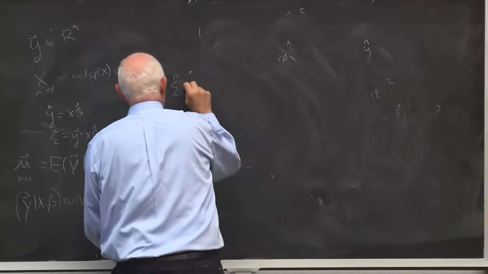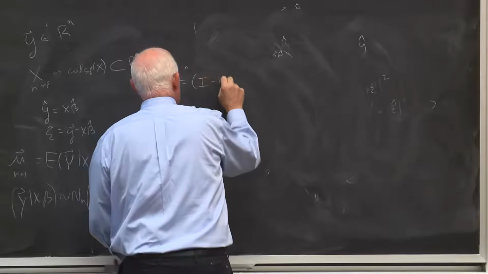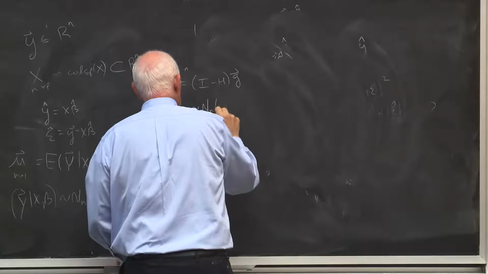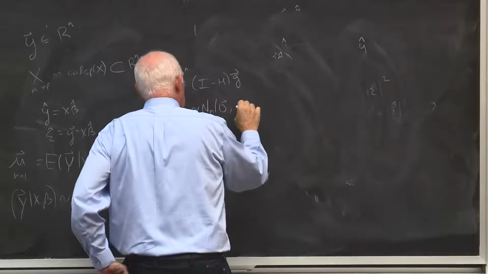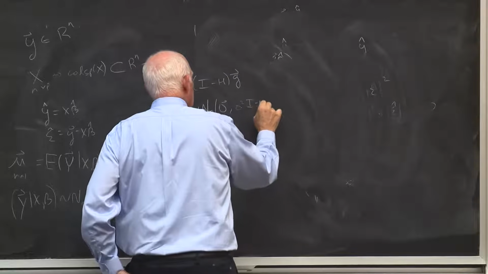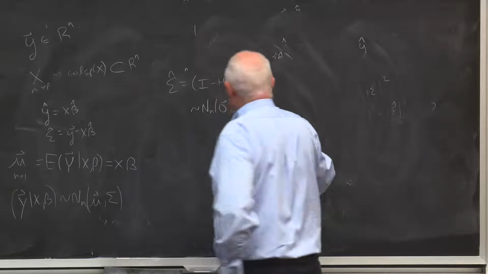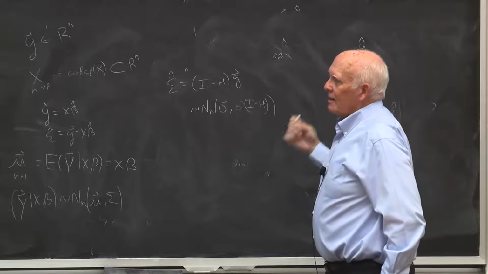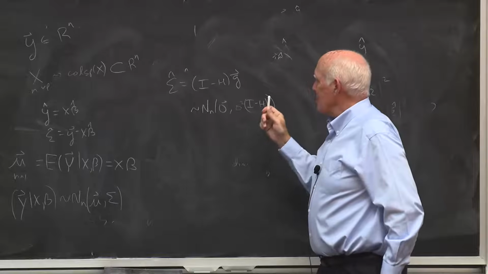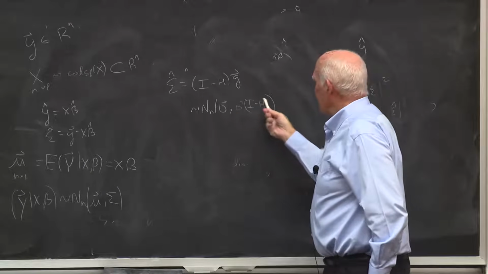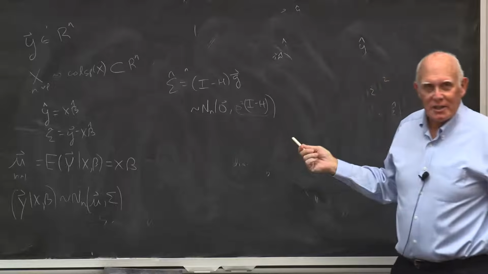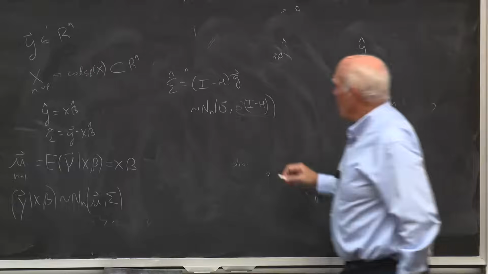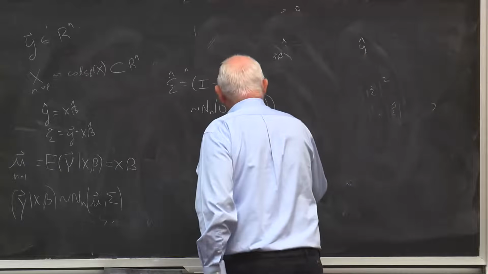So epsilon hat, which is equal to (I minus H) y, is distributed as a multinormal in n dimensions with a covariance matrix given by sigma squared times the projection. Now, what's significant is that this covariance matrix here is not full rank. So this is non-singular.